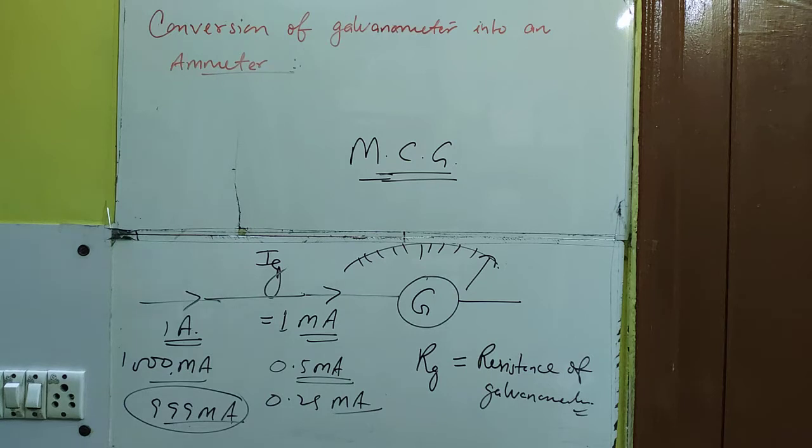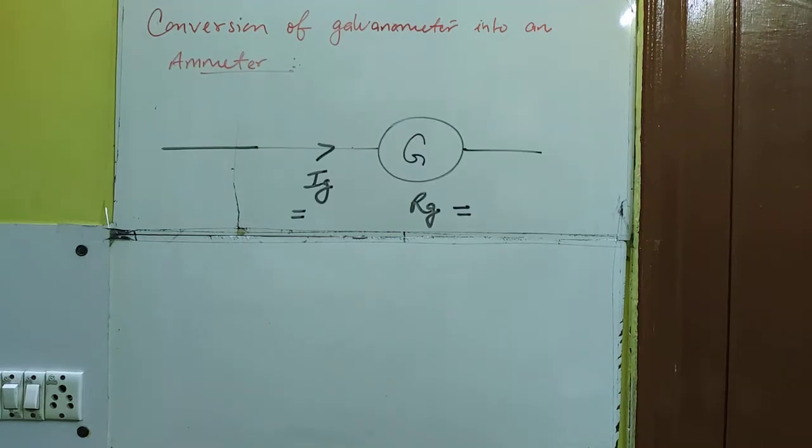Now in this segment, we try to understand how 1 ampere current can be measured by the same galvanometer, by a little change. So for that purpose, we need to make a different diagram. So children, I am going to convert this galvanometer into an efficient galvanometer, that means the ammeter.